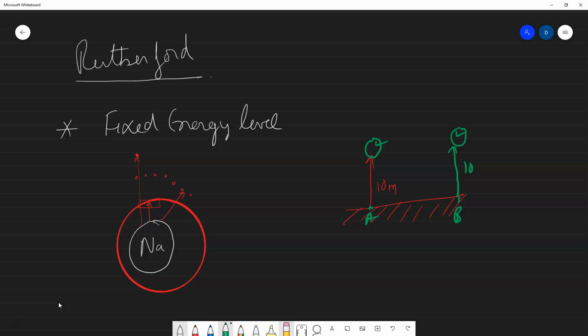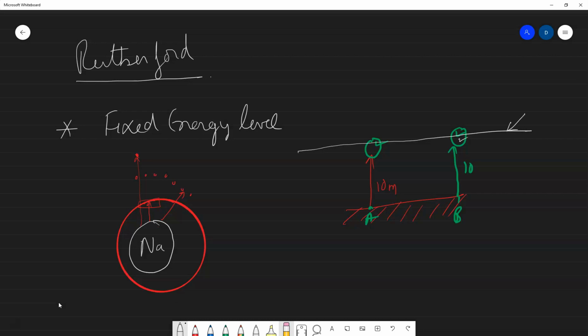So if I draw a line around the earth, 10 meters above the ground, it will have the same potential energy for this ball. This is called an energy level.